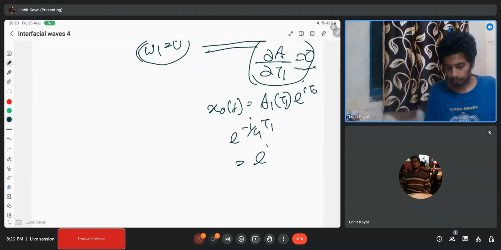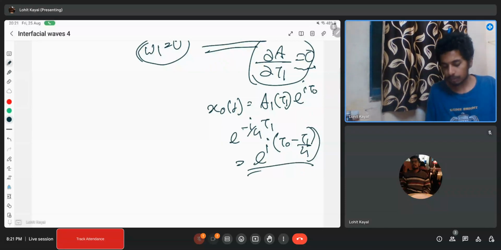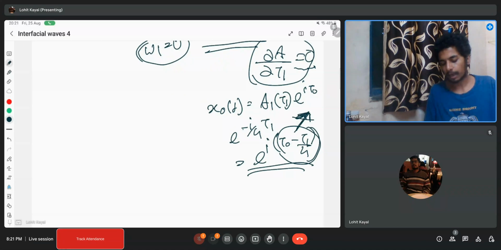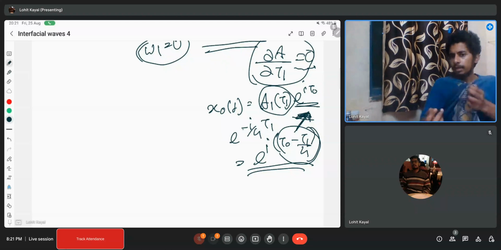Otherwise it would be i into t0 minus T1 by 4, right? That is related to the frequency of the problem, so the equation gets modified, and as a result your frequency gets modified. But if this is constant, your frequency doesn't get modified. Your frequency is just e to the power i t.